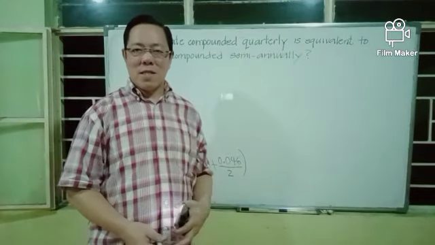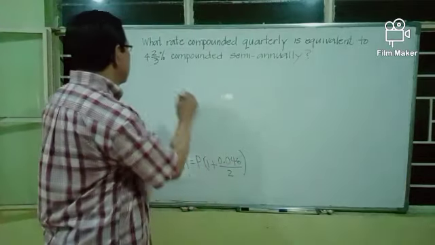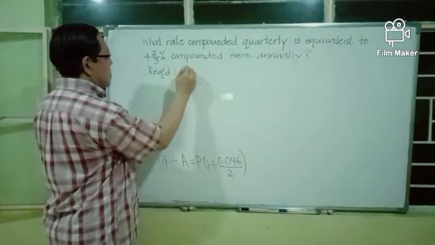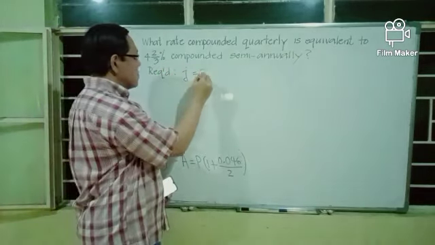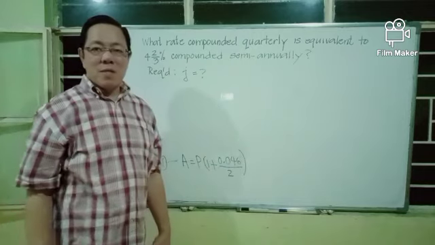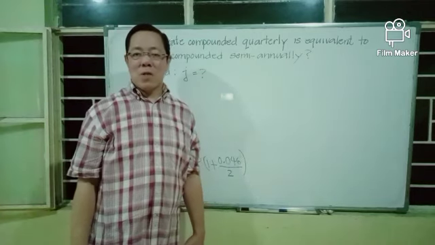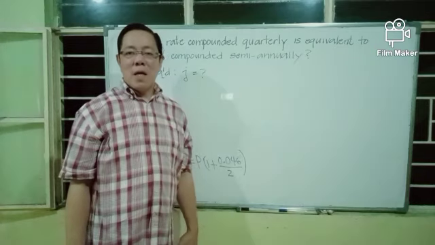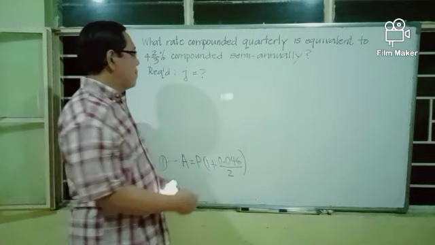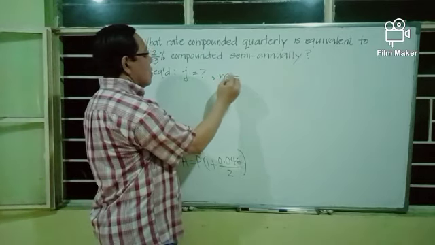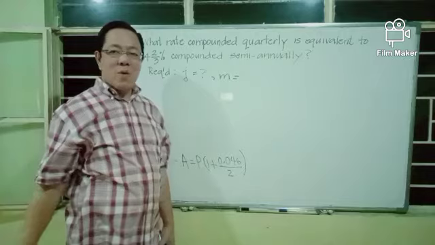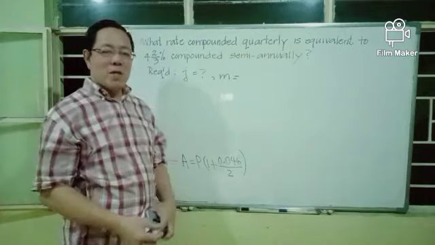The unknown compound interest rate is denoted by J. But the unknown compound interest rate is compounded quarterly, which means that interest is computed 4 times in 1 year, every 3 months. And the number of interest computations per year is denoted by M. For the unknown compound interest rate, compounded quarterly, M is equal to 4.